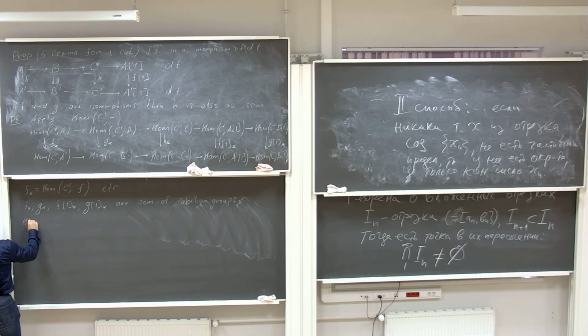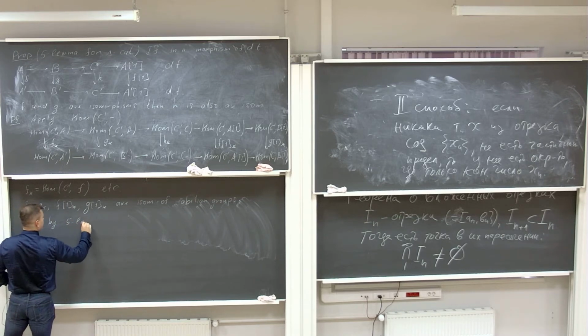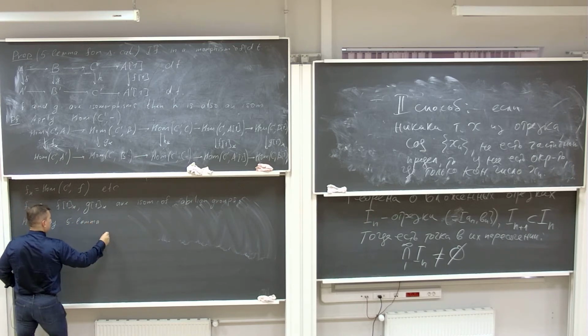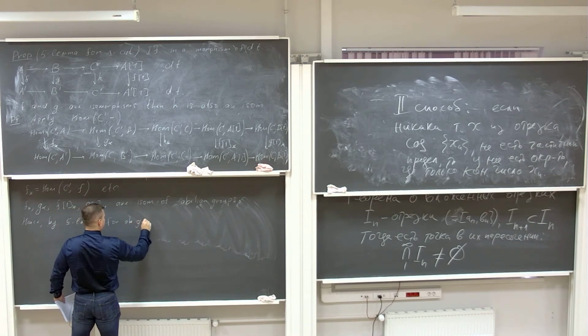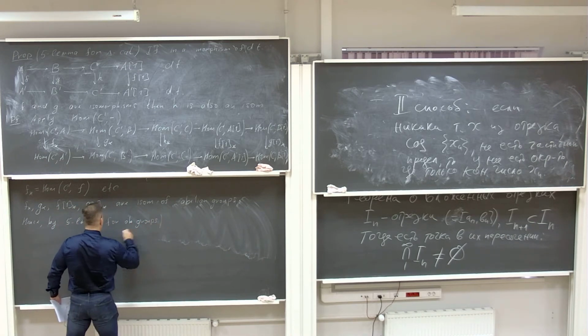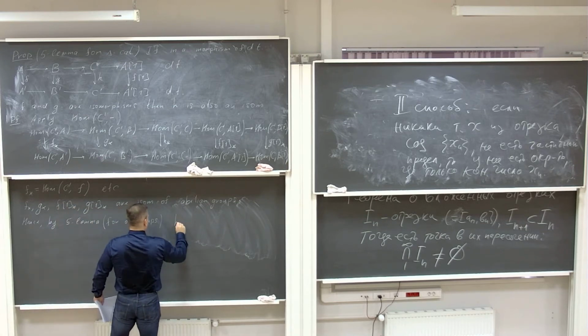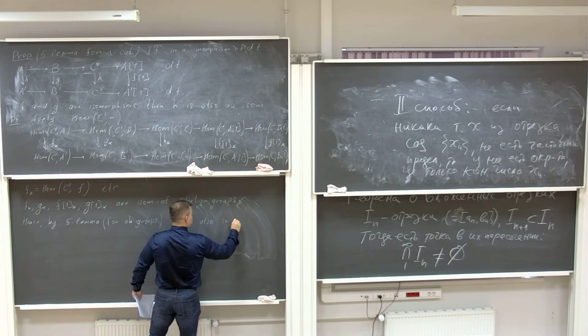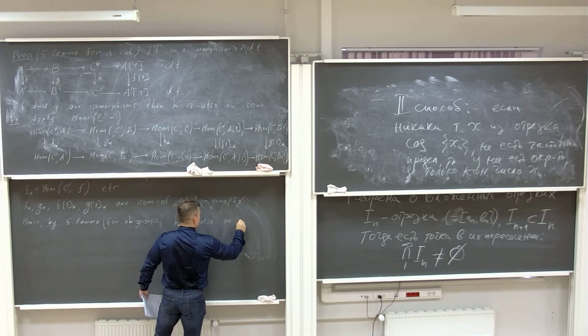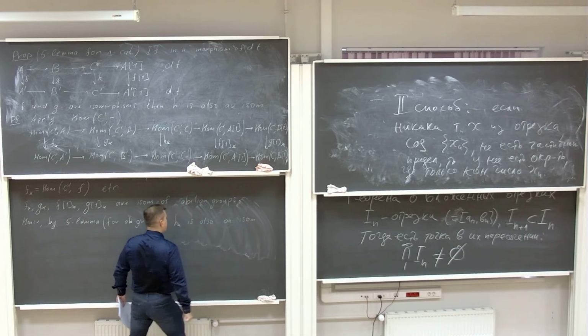So hence, by the 5 lemma for abelian groups, H lower star is also an isomorphism of abelian groups.